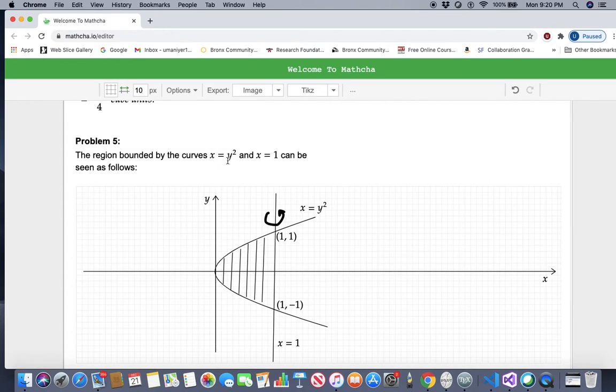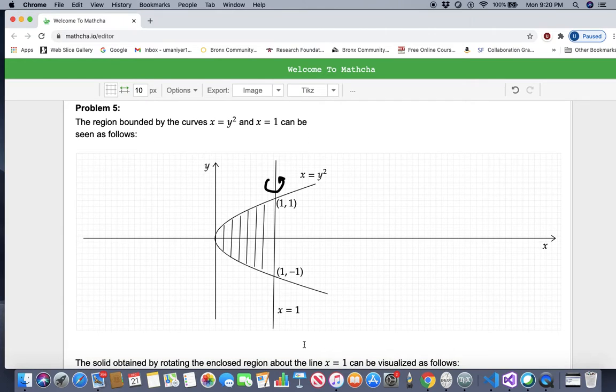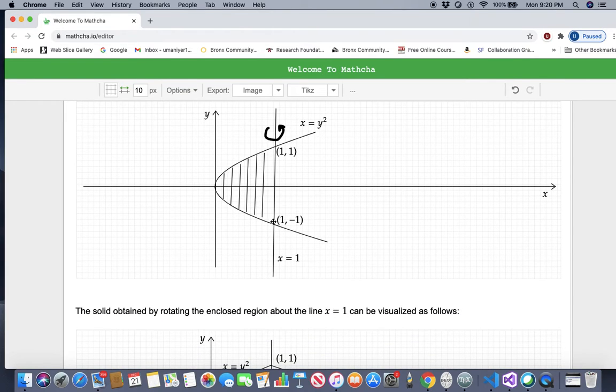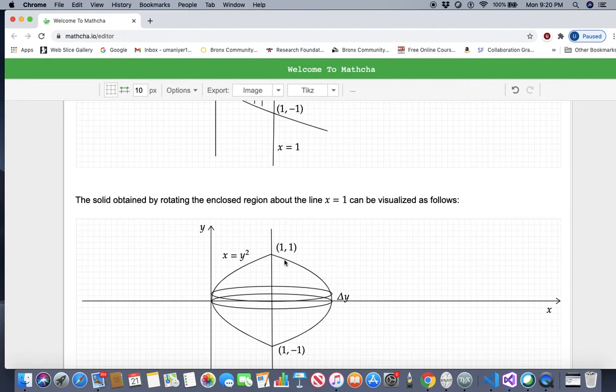The region is bounded by the curves x equals y squared and x equals 1. x equals y squared is a horizontal parabola, if you want to call it that, and the vertical line is x equals 1. You want to rotate it about the line x equals 1. When you rotate that picture about x equals 1, you get a picture like this.